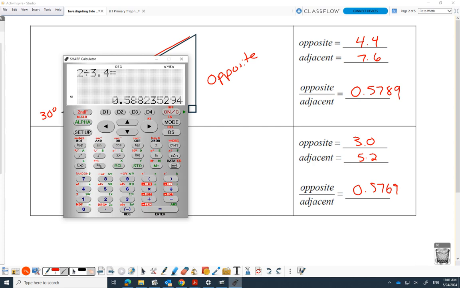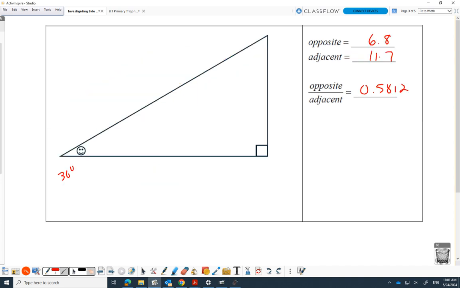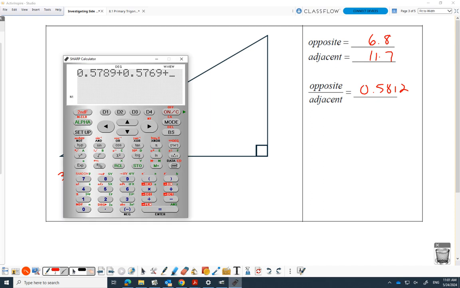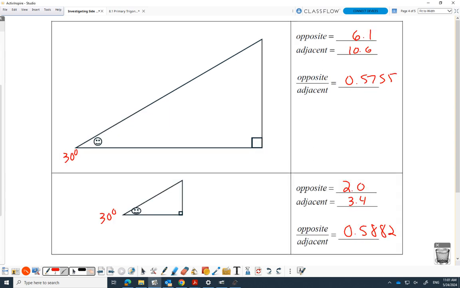So I'm 0.5789, just the decimal part at the end. 0.5769. No, just the opposite over adjacent. Add those up. 0.5812 plus 0.5755.